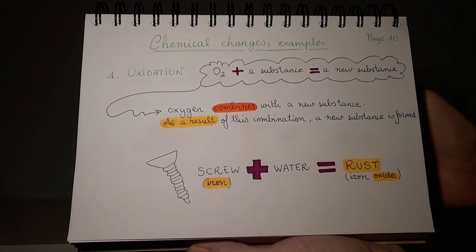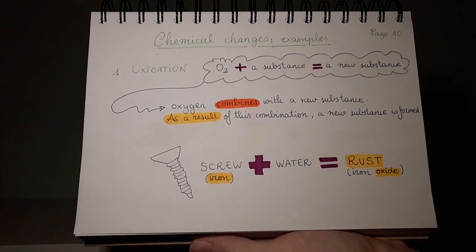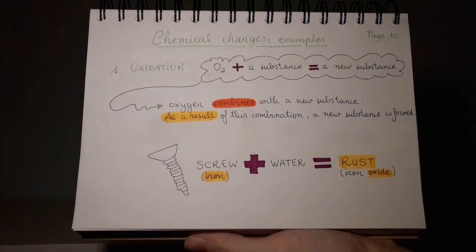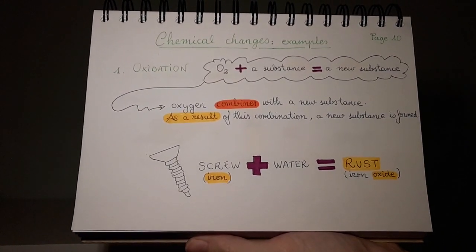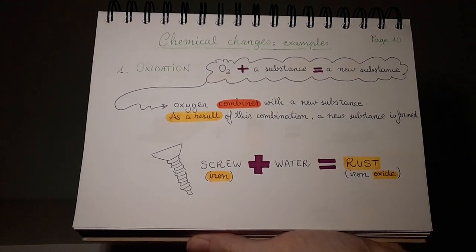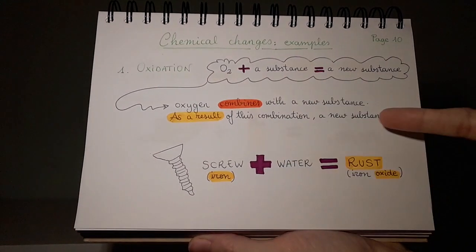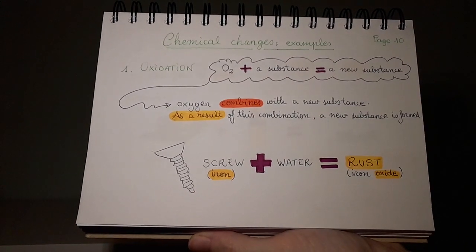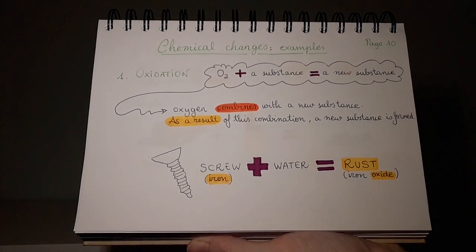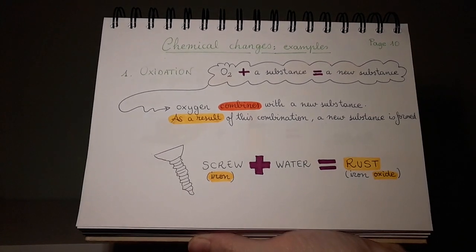What examples do we have to study in chemical changes? The first is oxidation. Oxidation combines oxygen with a new substance. As a result of this combination, a new substance is formed, okay?